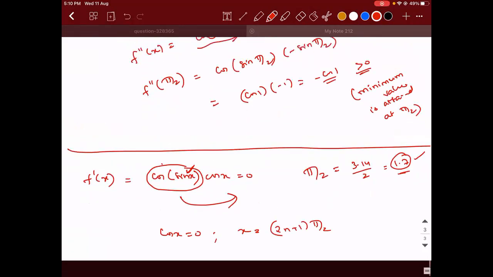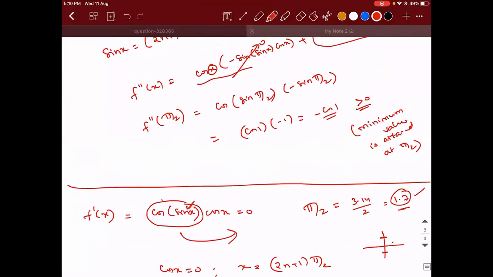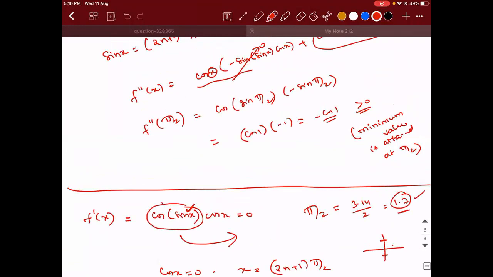So if I take one complete revolution, pi by 2 is here, 3 pi by 2 is here. So I need to find the second derivative at pi by 2 and 3 pi by 2. I understood that at pi by 2, it is giving you the minimum value. Similarly, if you do f double dash of 3 pi by 2, what will you get?